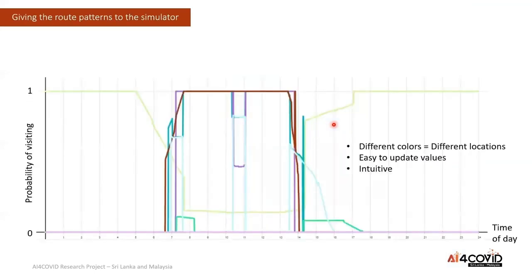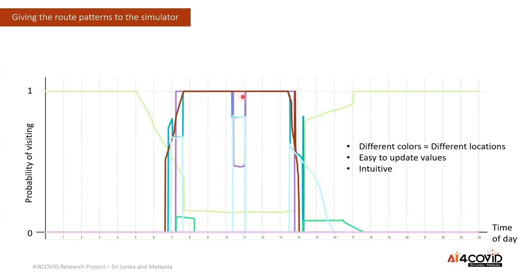So this is an example of the visit probability matrix in the simulator. This is for a student class. For example, this small dip in the middle is the interval or the break that they have at 10:30 to 11, as you can see here.